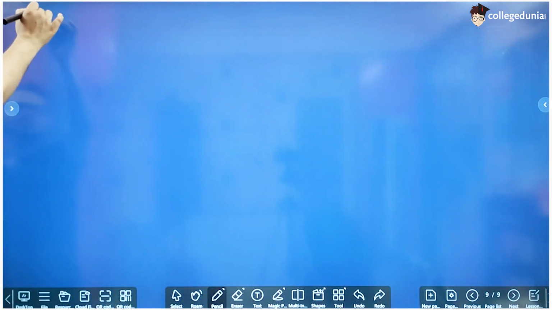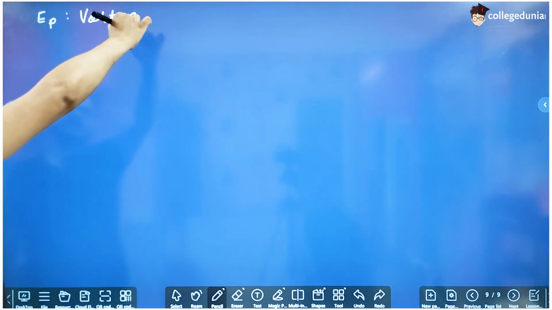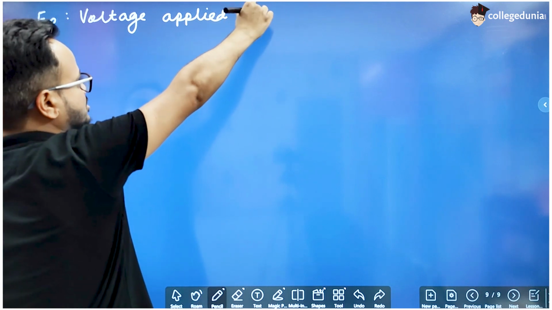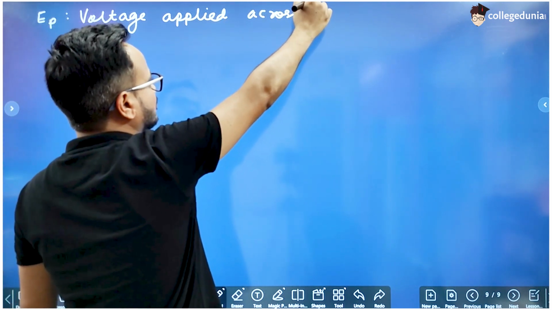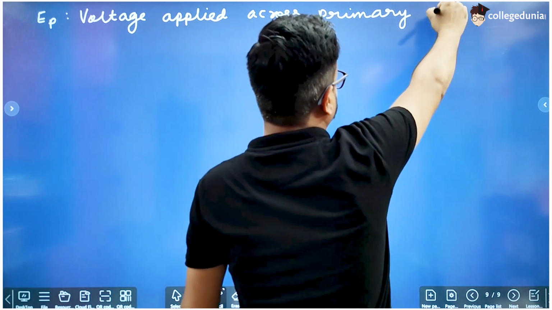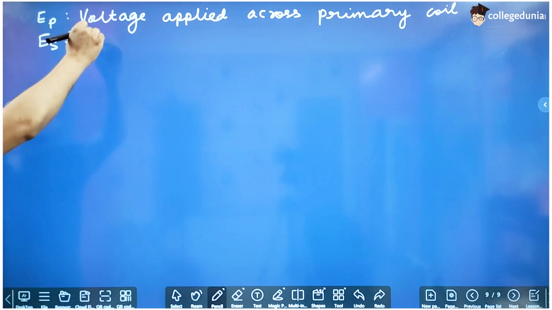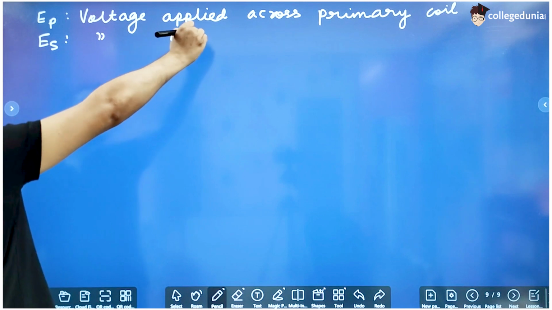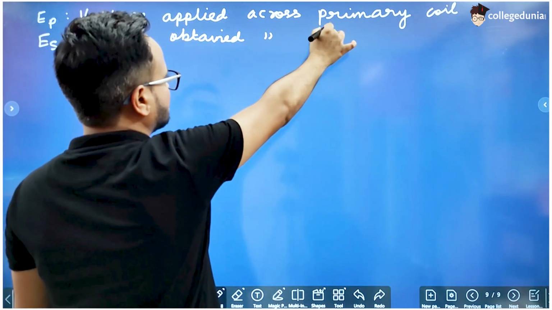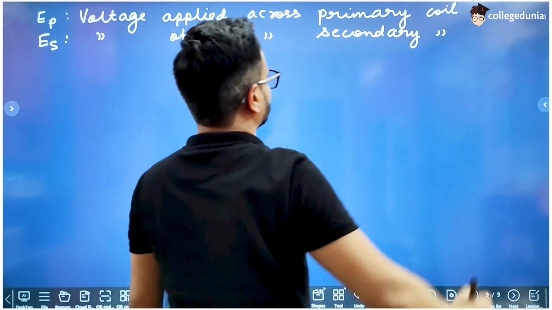And EP is the voltage applied across the primary coil, and ES is the voltage obtained across the secondary coil, right?